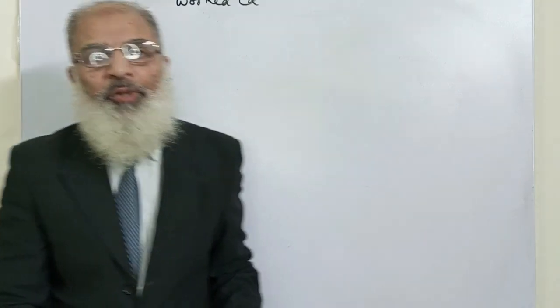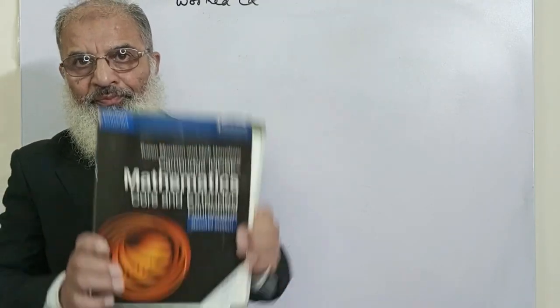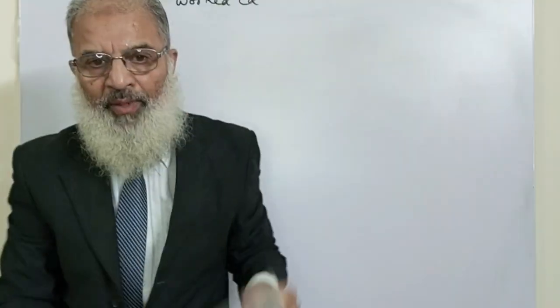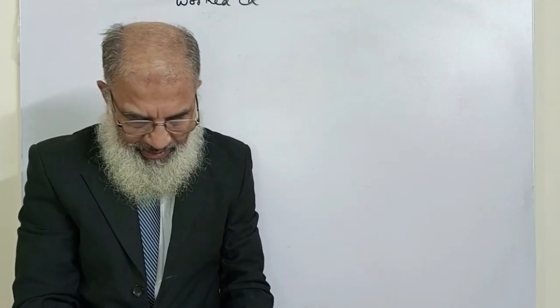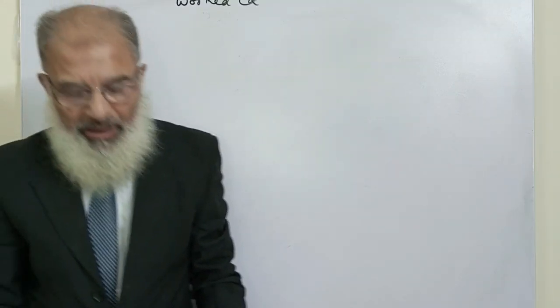To remind you what we are doing, it is this book. And we are doing worked examples, page number 31, unit 1, making sense of algebra, that is chapter number 2.